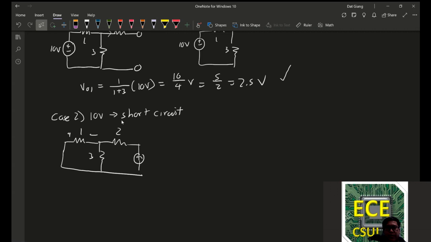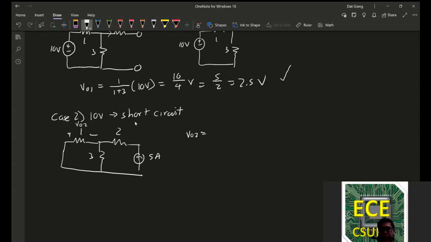And the voltage is reflected here as V out 2. Now, in this situation, the current will be divided into the parallel combination of 1 and 3.